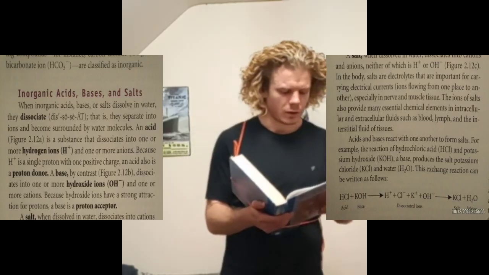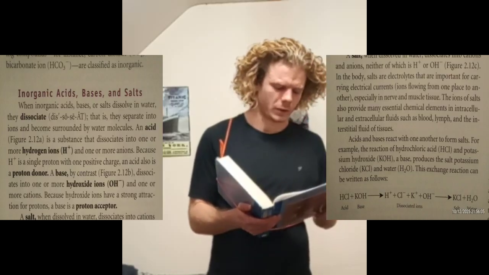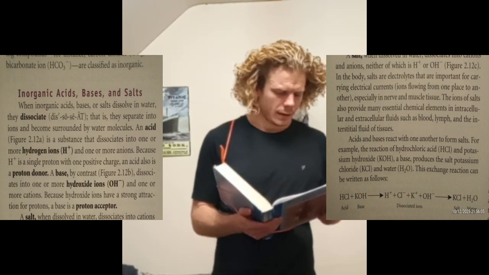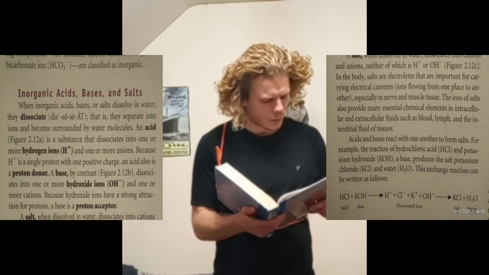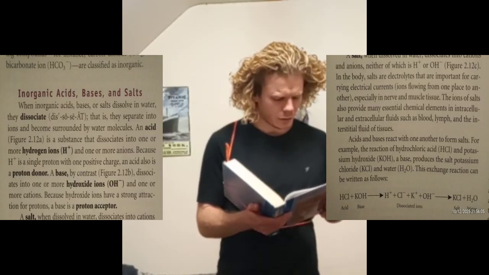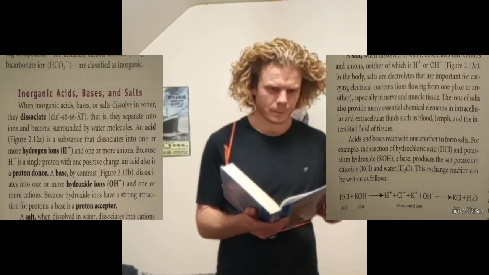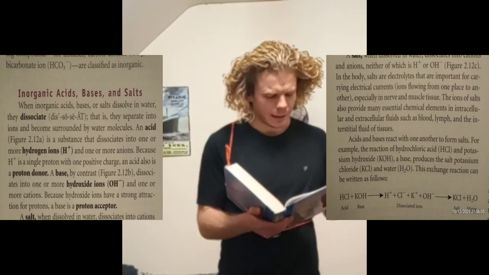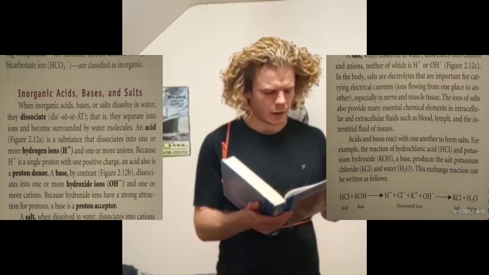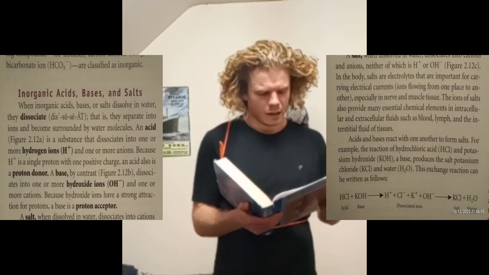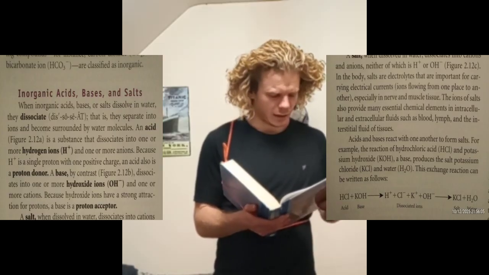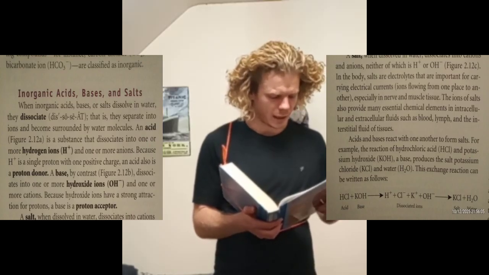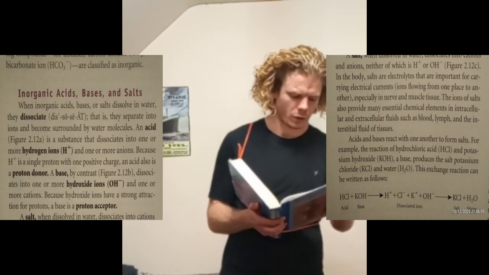Acids and bases react with one another to form salts. Let's see it. For example, the reaction of hydrochloric acid, HCl, and potassium hydroxide, KOH, a base, produces the salt potassium chloride, KCl, and water, H2O.